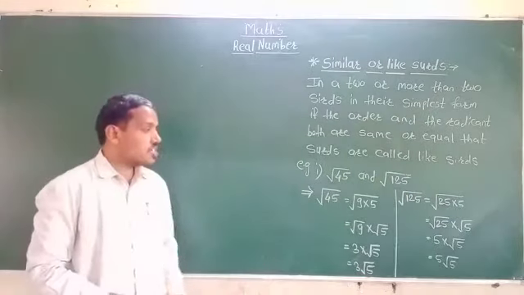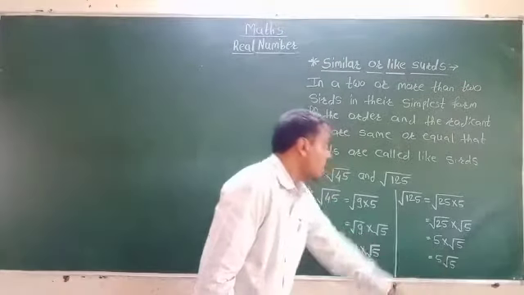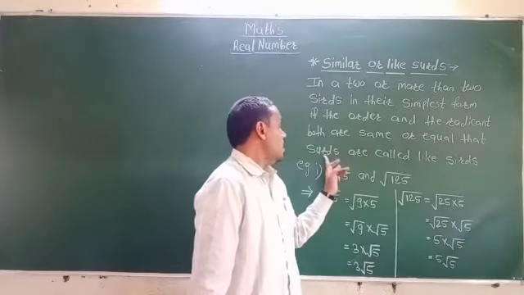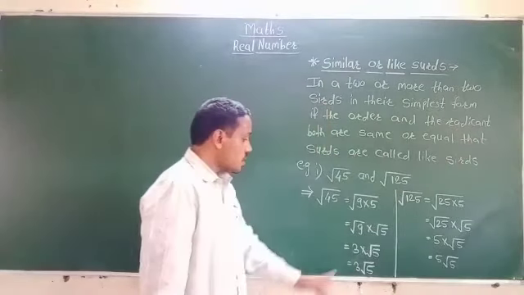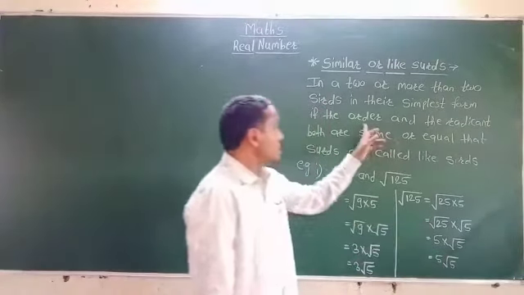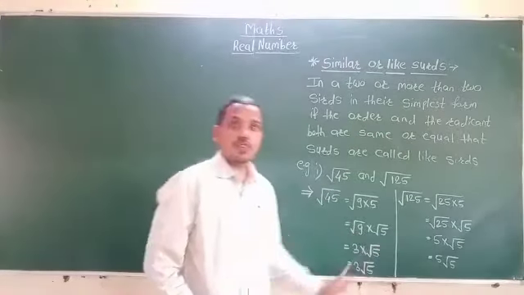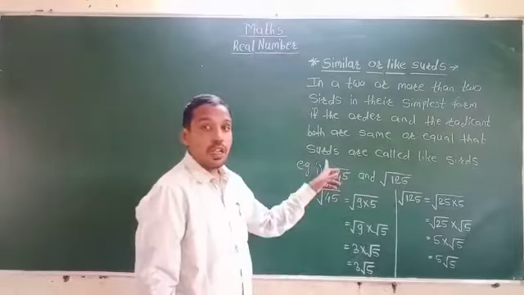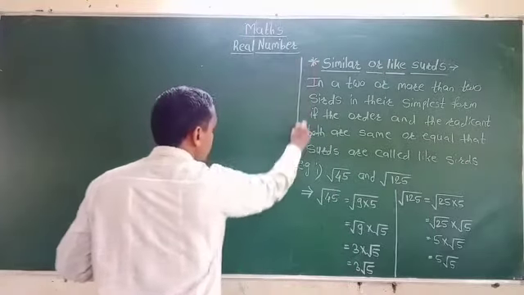So in both simplest forms, surd 5 is the equal radicand, and the order of the surds is also the same. That is why these simplest forms show like surds.